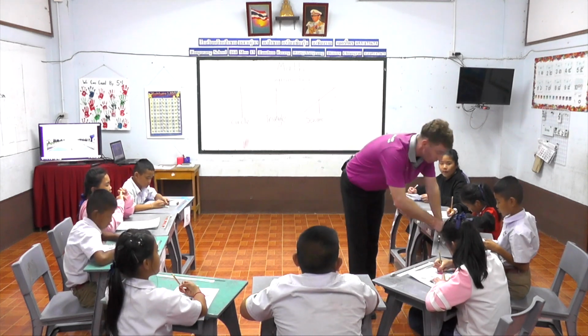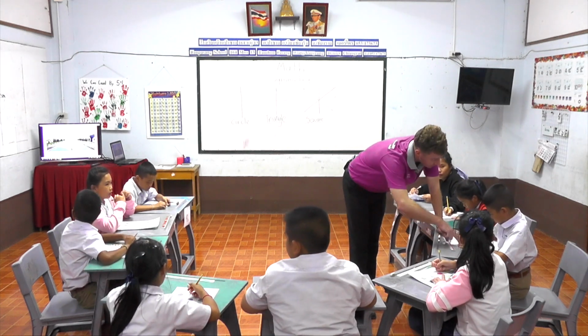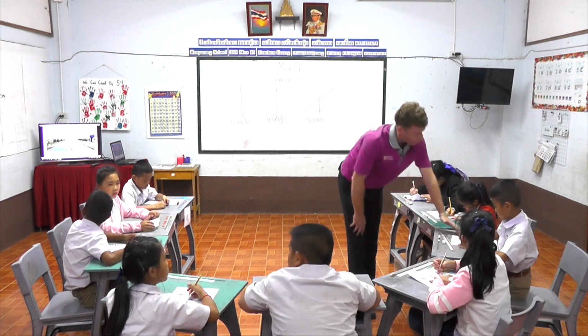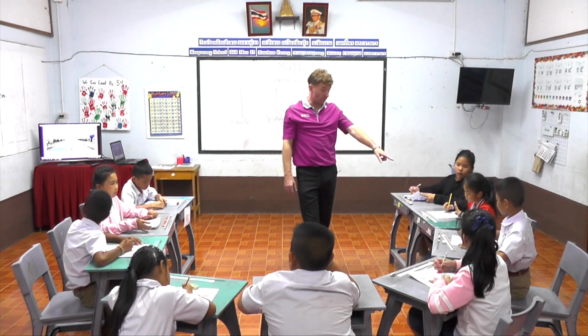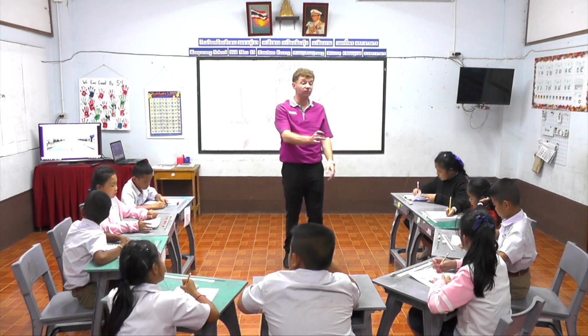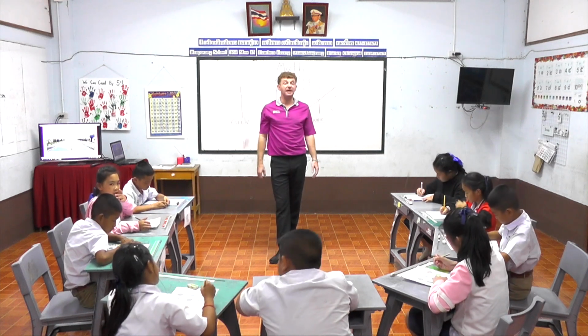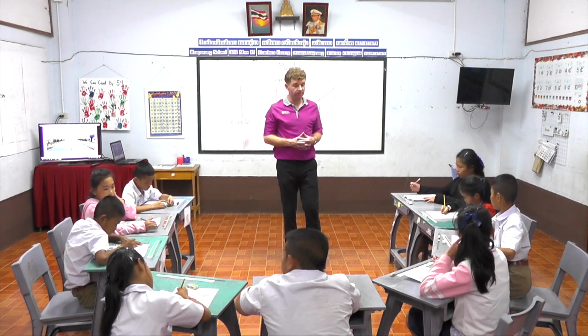What you need to do for this exercise is see how many lines of symmetry. This is a pentagon. One, okay. An oval has lots, yes. Oval and circle have lots. Actually, a circle has hundreds of lines of symmetry.